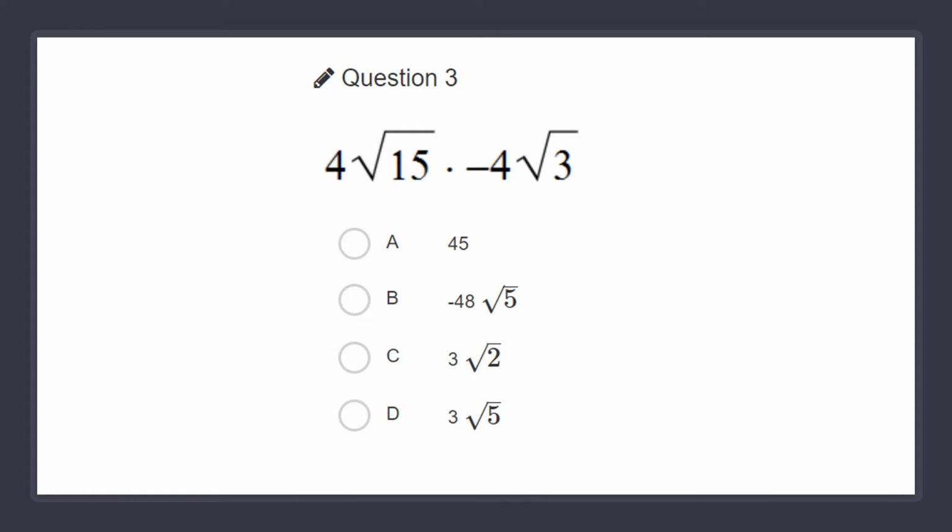For question 3, we are multiplying. When multiplying radicals, you do not have to have the same radicand. You can multiply coefficients, which in this case would be 4 and -4, and 4 times -4 is -16. And then you multiply the radicands, 15 and 3.